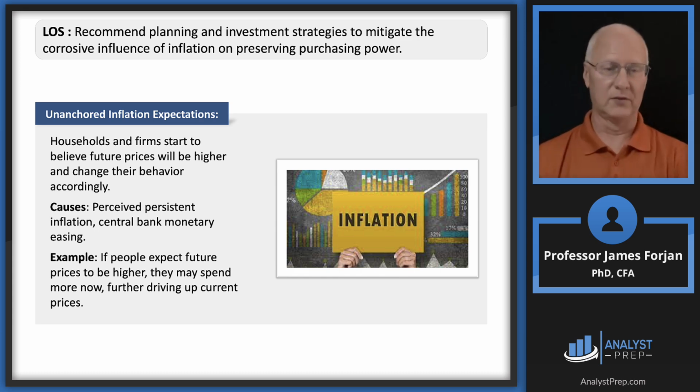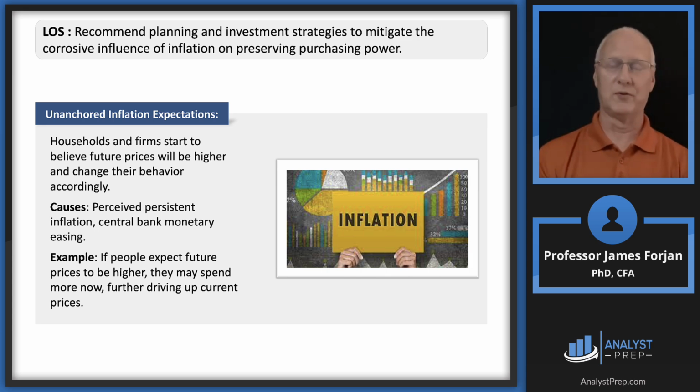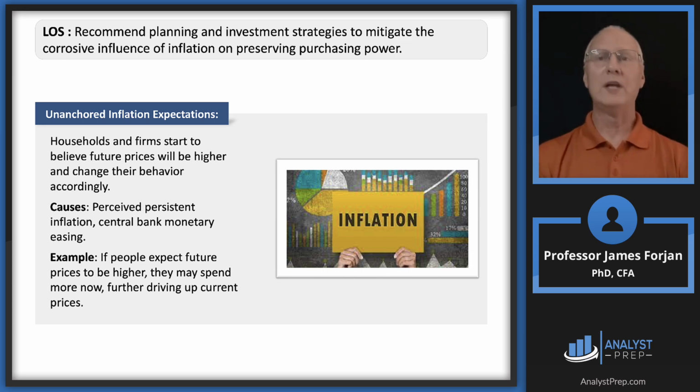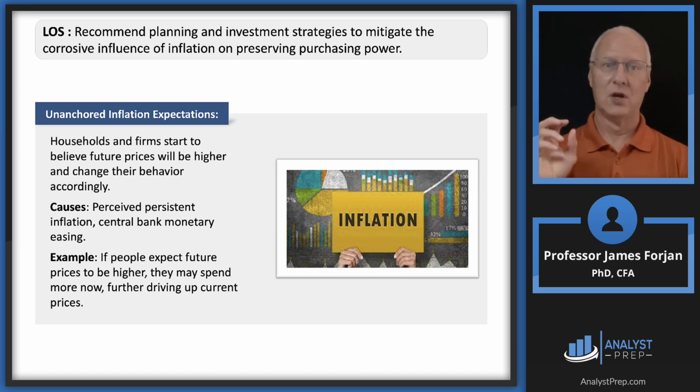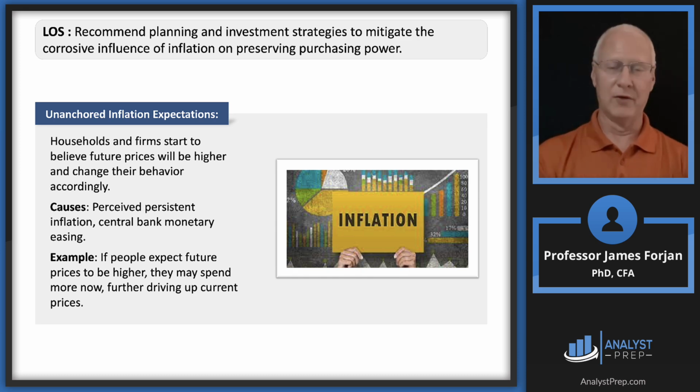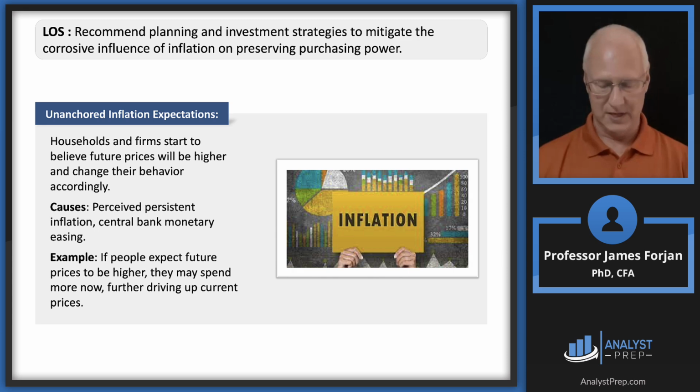Well, if those two things combined are not going to be more than 20%, then we're going to start buying lots and lots of loaves of bread today, which then drives up the price of a loaf of bread today. So the idea of the unanchored inflation expectation is this notion that regardless of the reality of economic conditions, prices are going to rise because we expect prices to rise in the future.